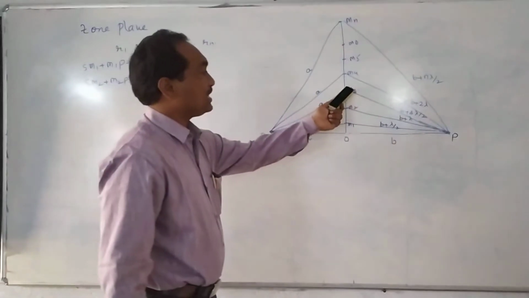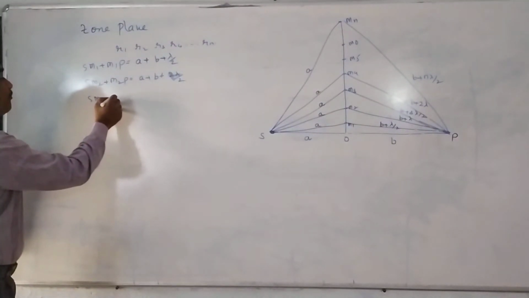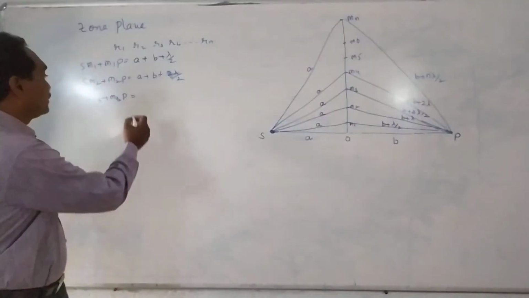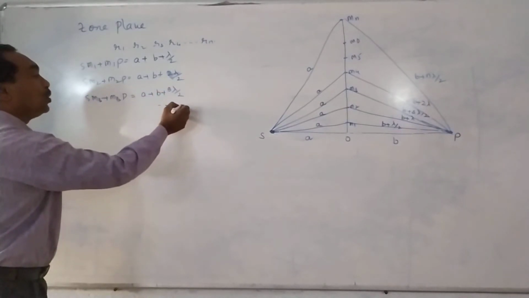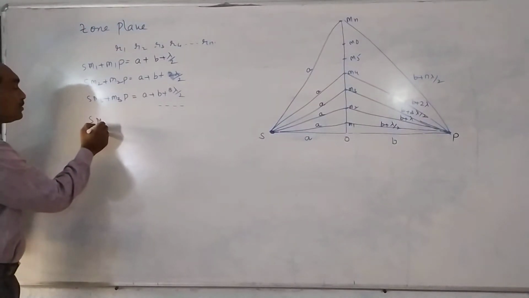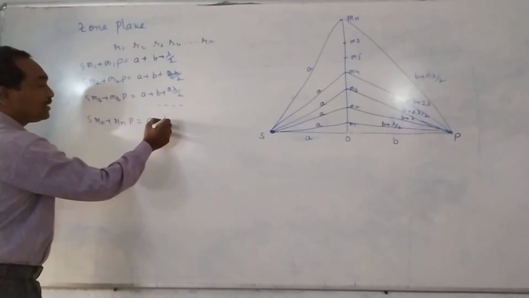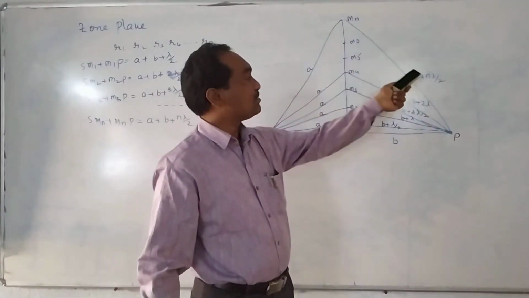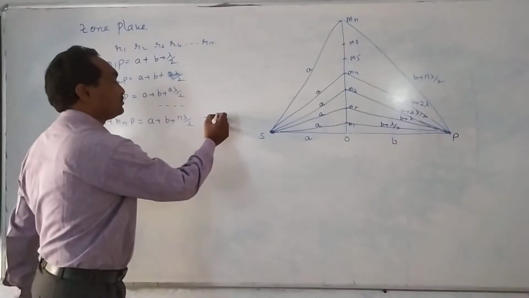Similarly, SM3 plus M3P is equal to a plus b plus 3 lambda by 2, and so on. And the very last one, SMn plus MnP is equal to a plus b plus n lambda by 2. This is a, this is b plus n lambda by 2. This is the relation we require.